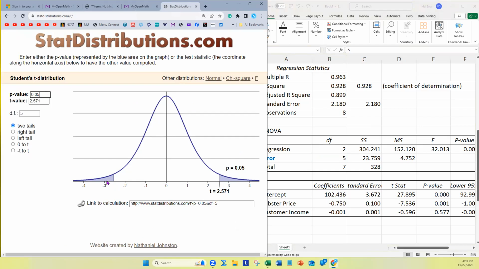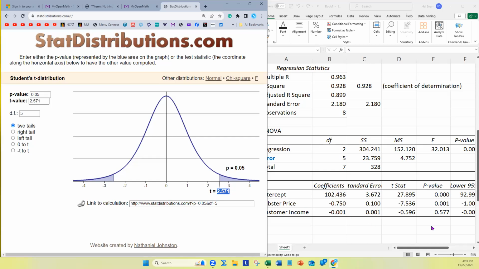Half of that significance level is to the left of its negative, right? So this is a negative 2.571. So this blue area is 0.025, and this blue area is 0.025. You add them together and you get 0.05. That's our significance level, right? So our critical value is 2.571.